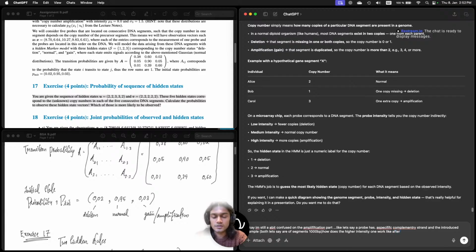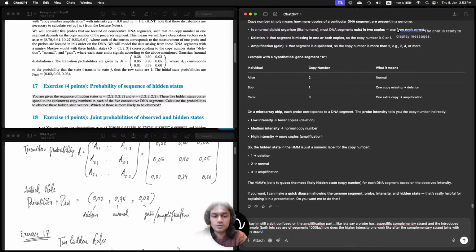After the complementary strand joins with the appropriate segment of the sample, how can there be more attaching there?